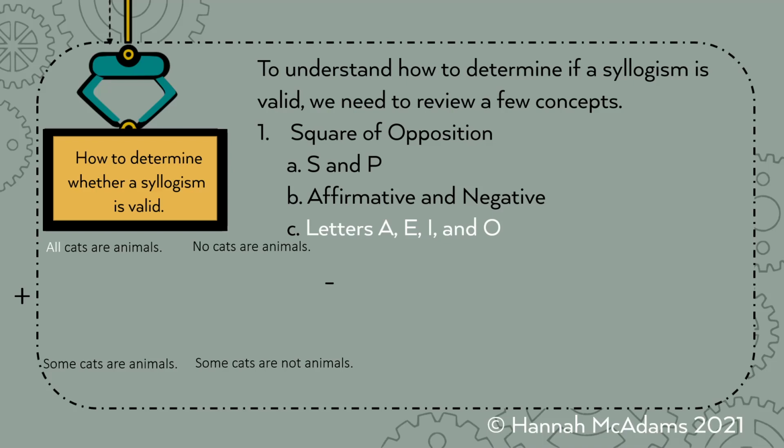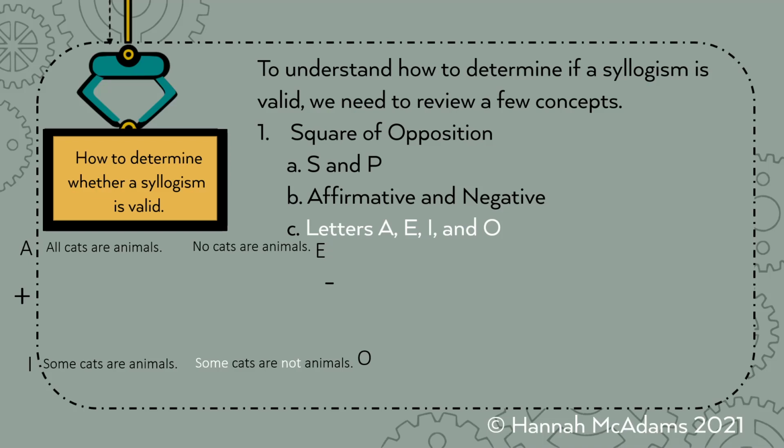If the sentence starts with all, it's an A. If the sentence starts with no, it is an E. If the sentence starts with some, it's an I, and if it starts with some are not, then it is O.